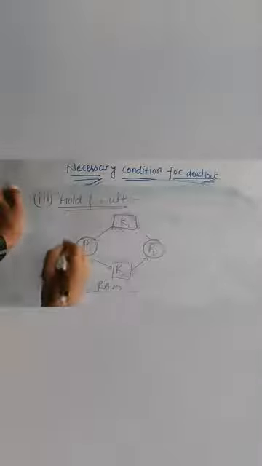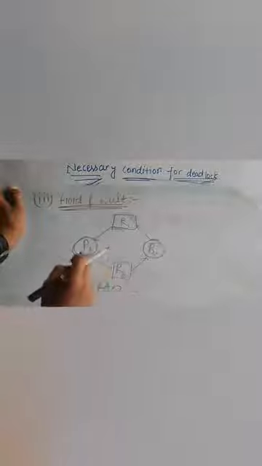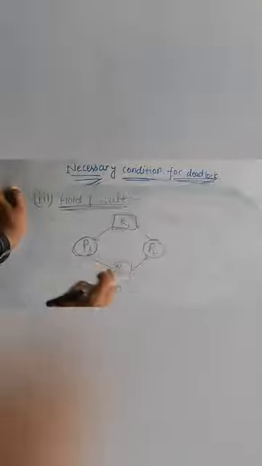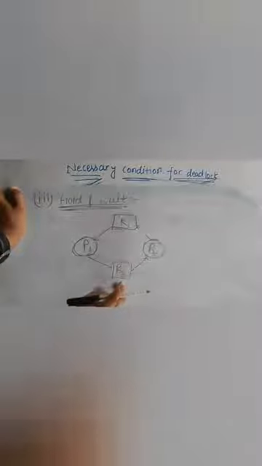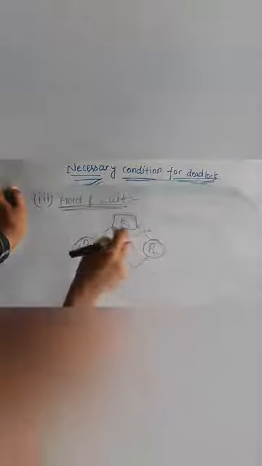Now the third necessary condition is hold and wait. For understanding, let us see this RAG graph. Here there are two processes P1 and P2. Process P1 is holding resource R1 and demanding resource R2, and process P2 is holding resource R2 and demanding R1.